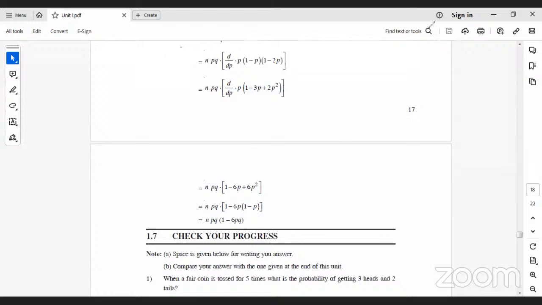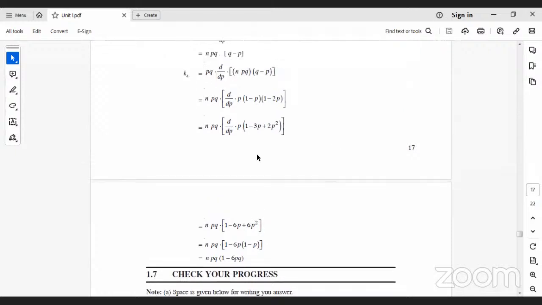So 1 minus, see here, just wait. Derivation: the constant is 0, d by dp of p is 1, d by dp of p into 1, p is 1, d by dp of 3p square, here this p square becomes, 3p into p, 3p square gives 6p derivation. Here 2p cube gives 6p square. After the derivation, I have done p minus 3p square plus 2p cube.